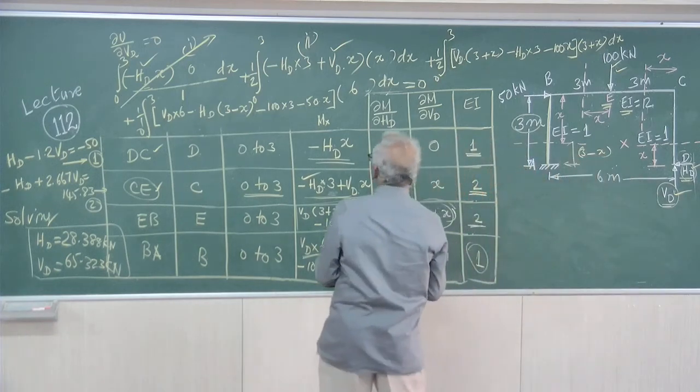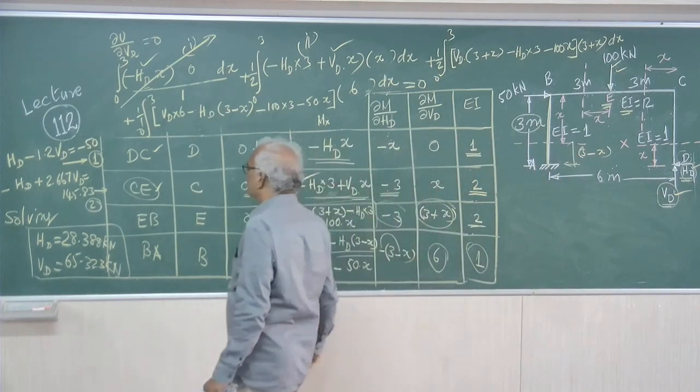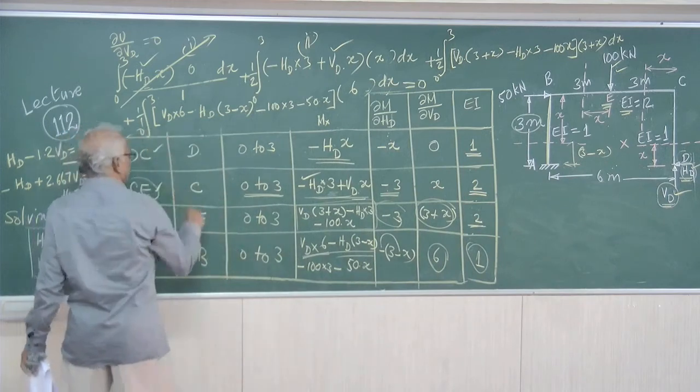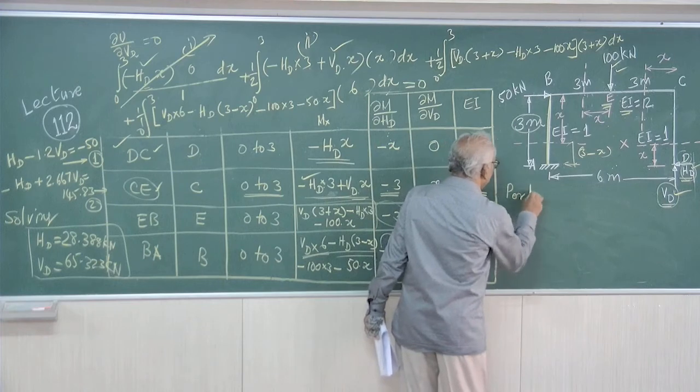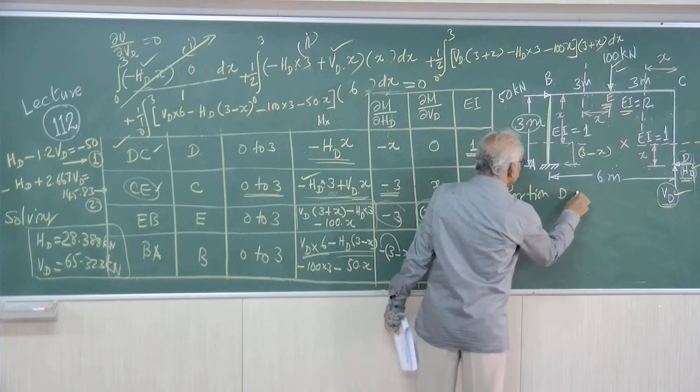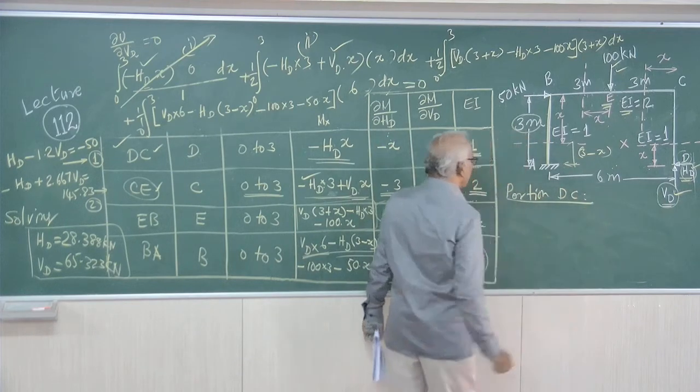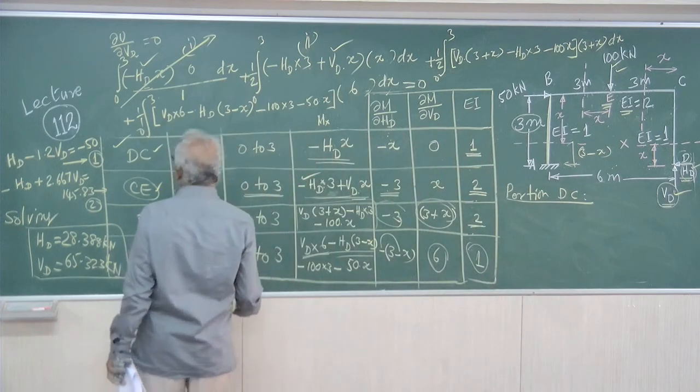So, what you do is, for each portion, say DC, let us take portion DC. For portion DC, we have the equation for Mx.